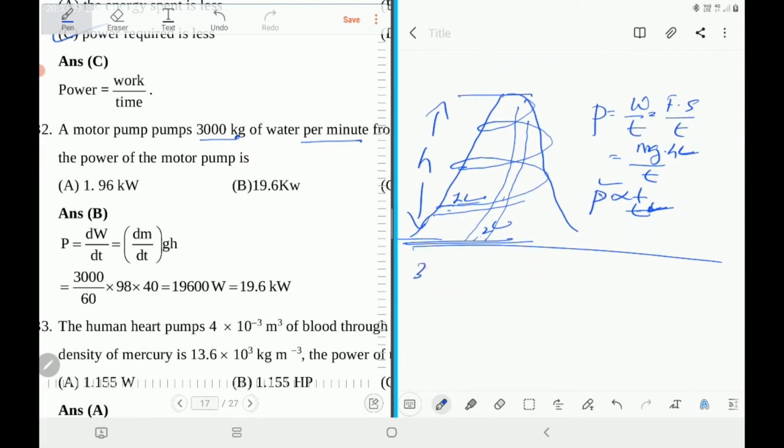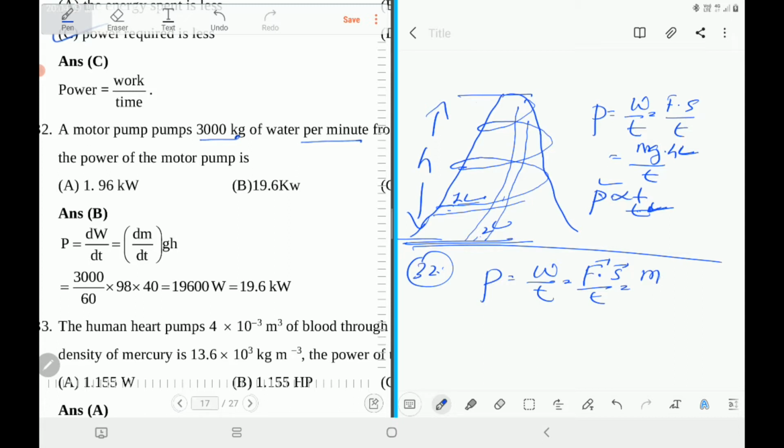The simple idea is, what is power? Power is the rate of doing work, W divided by T. What is the term W? W is actually force into displacement, divided by time. What is the force? Force is the weight of the water. Some amount of mass is lifted up.